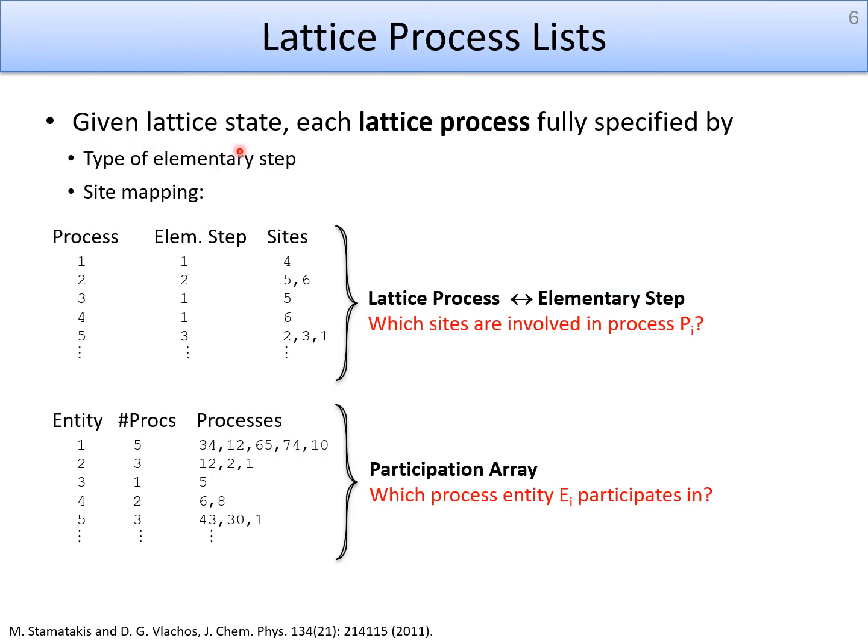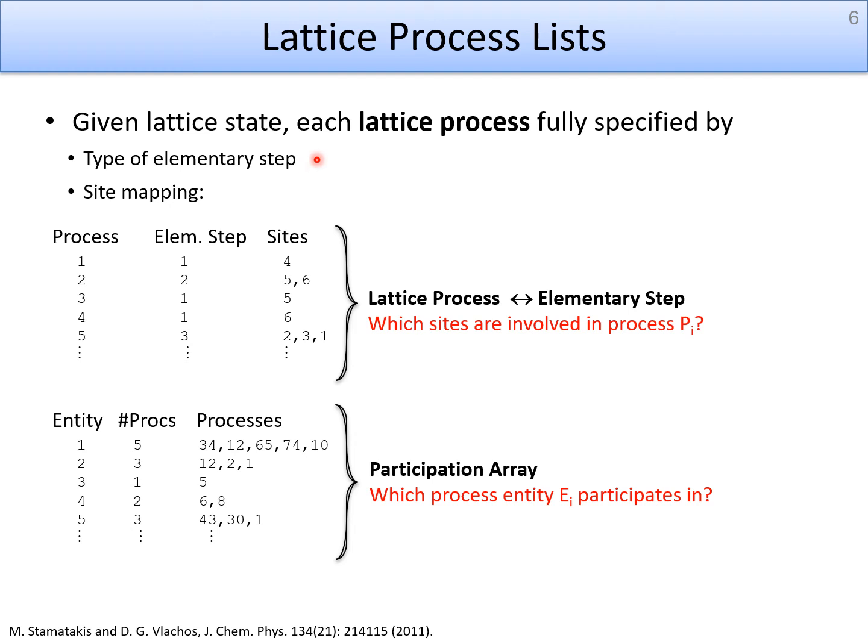So given a lattice state, each lattice process, each instance of an elementary event on the lattice, is fully specified by the type of that elementary step, whether it's CO adsorption, CO desorption, nitrogen adatom diffusion to another site, etc., or reaction between CO and NO, for example.